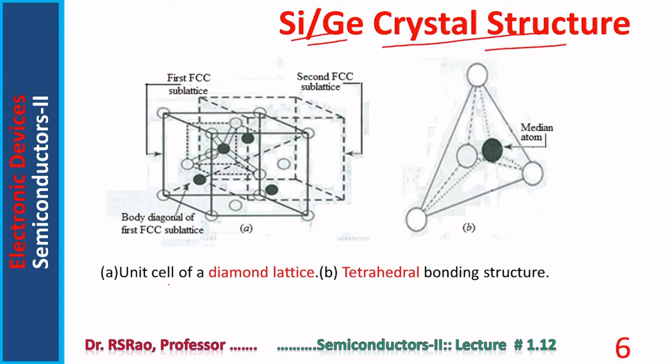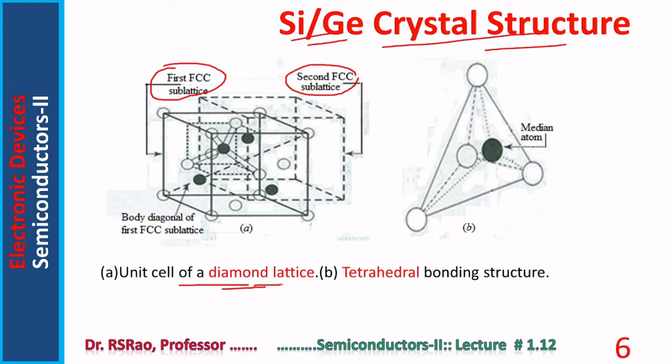The unit cell of diamond lattice is shown here. First FCC sublattice, second FCC sublattice. The first FCC sublattice is indicated by continuous line. The second FCC sublattice is indicated by discontinuous line.